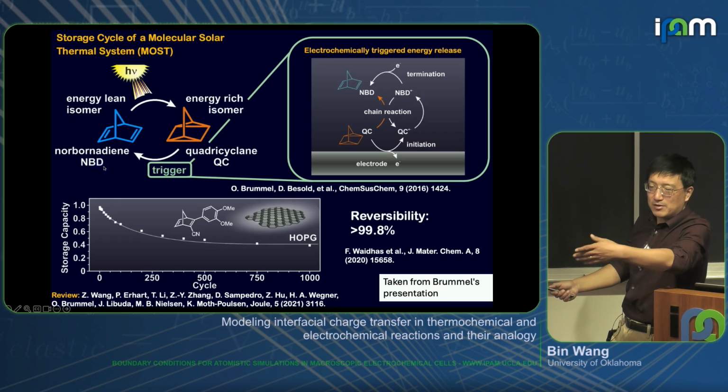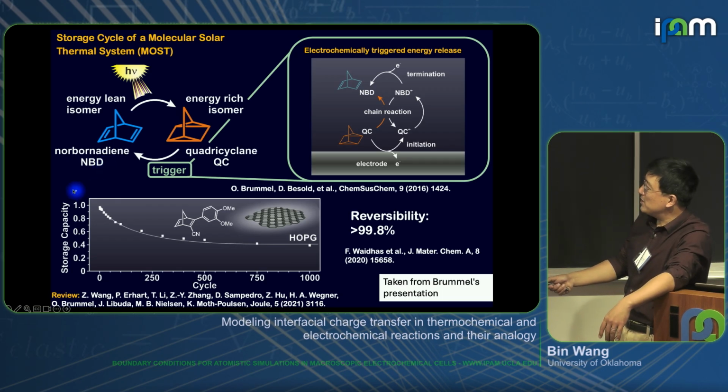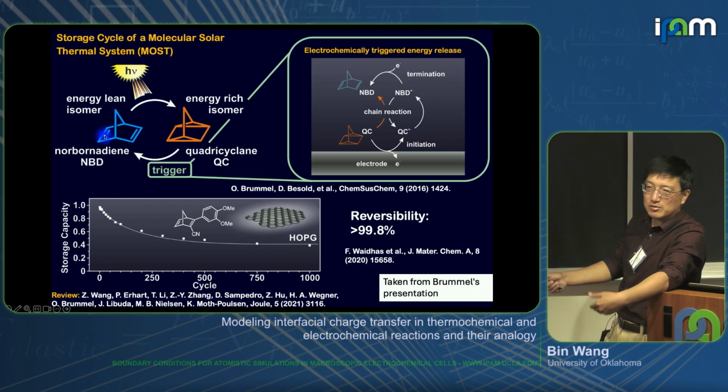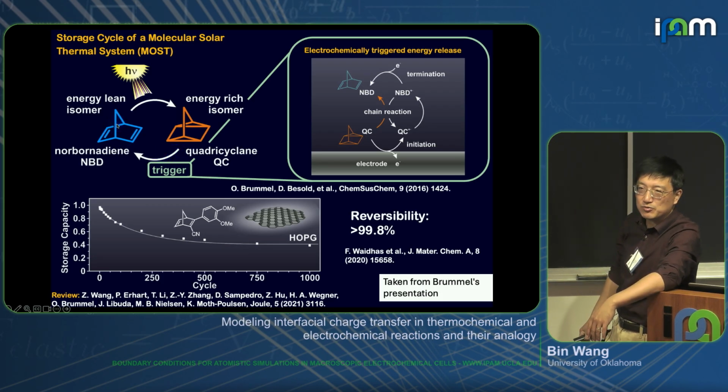Of course, the whole argument before is using this NBD molecule as an energy storage molecule to store solar energy. So under light, you convert NBD to QC, and then use electrochemistry to convert it back. In this process, it is very exothermic to release. You can release the heat to the local environment. So that's the argument.